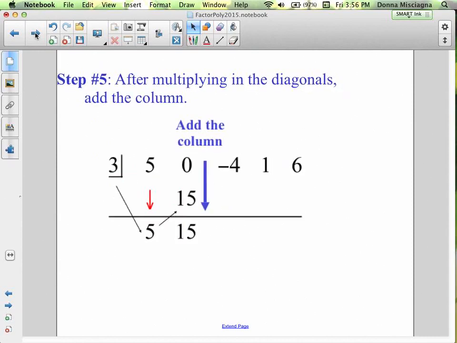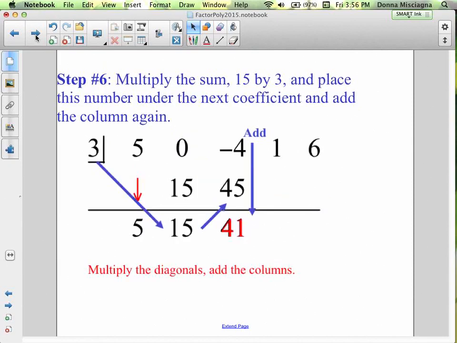And we add the column. And now we multiply. 3 times 15 is going to give us 45. So we write it in the next place. Notice we just keep writing it underneath the next term. So now we add. Negative 4 plus 45 is going to give us 41.